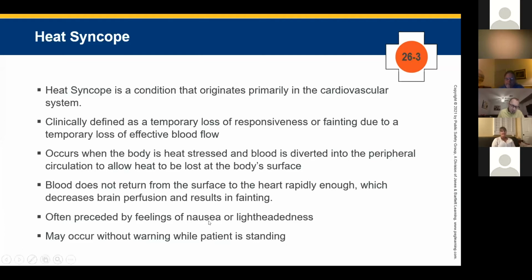And what would cause feeling nauseated and lightheadedness? How about nausea? What happens when you become nauseated? What do you think causes that? I'm not going any further until somebody gives me an answer.